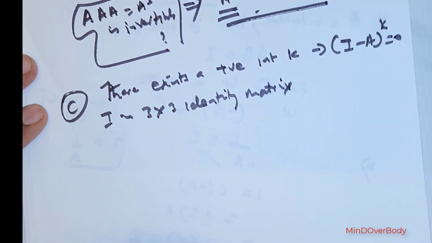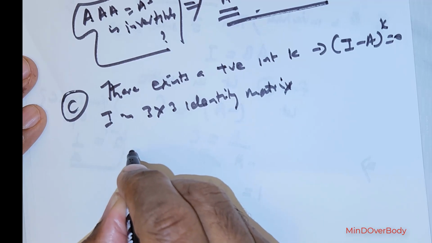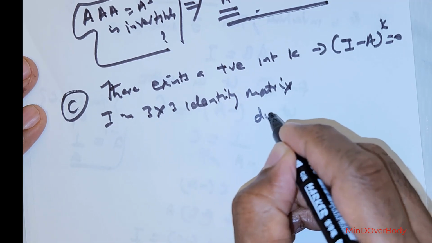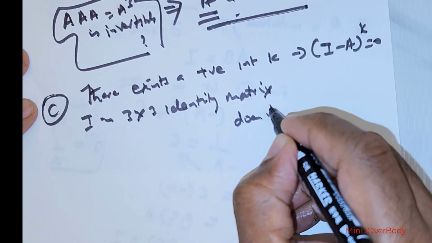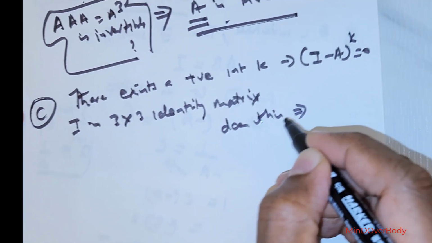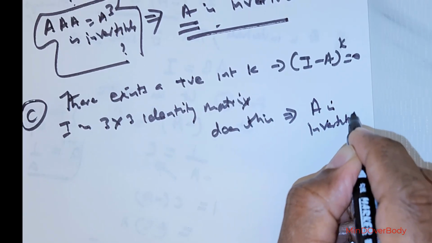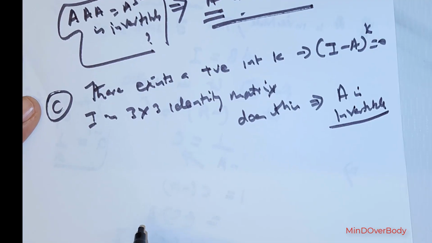Okay, so the requirement is, does this imply A is invertible? So that's the requirement we need to prove.